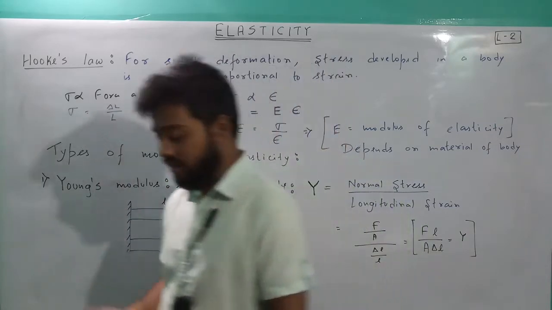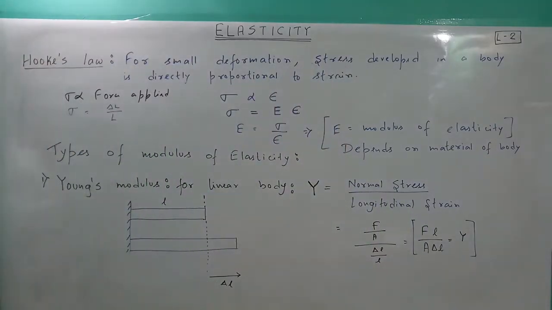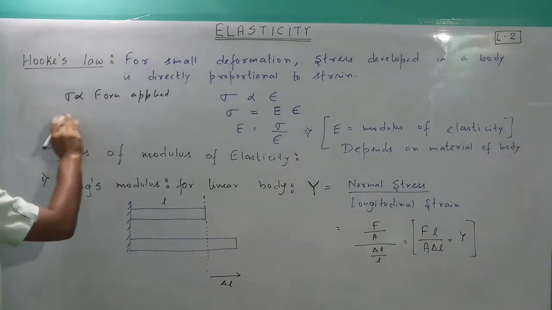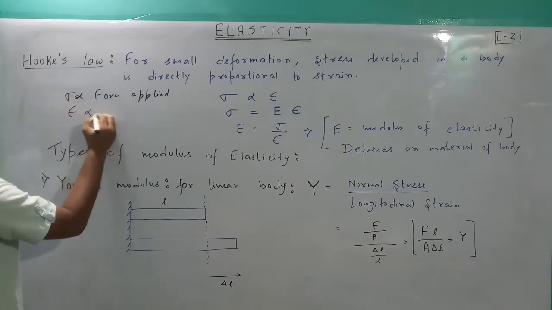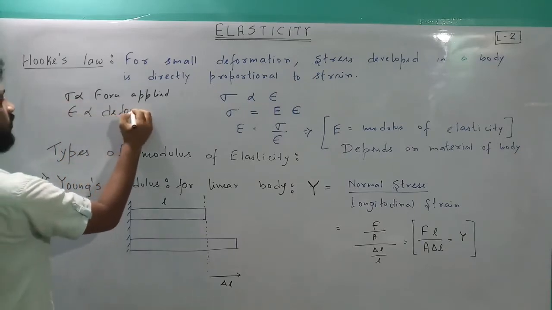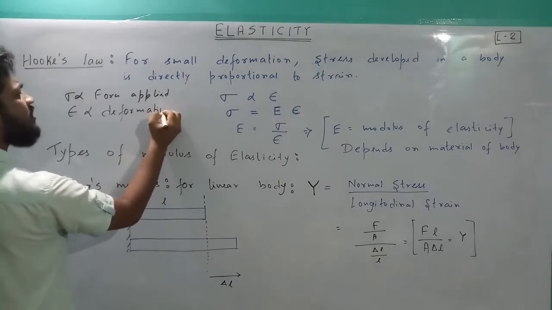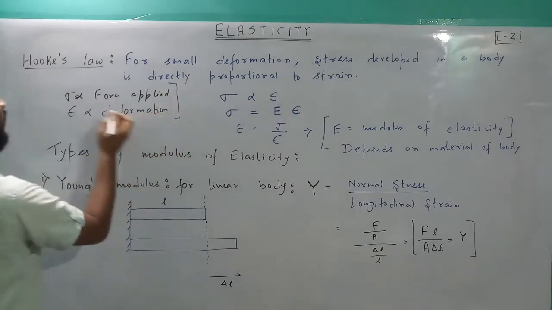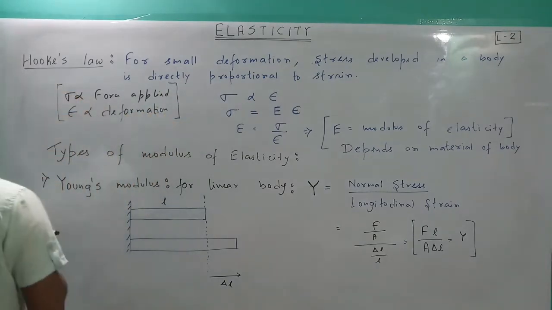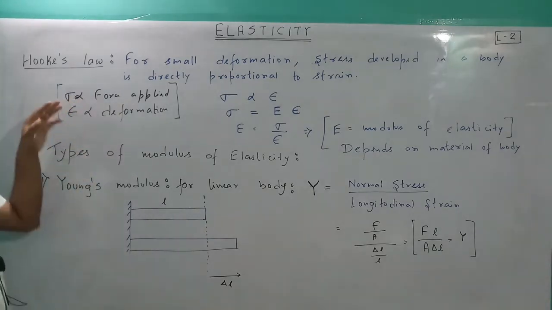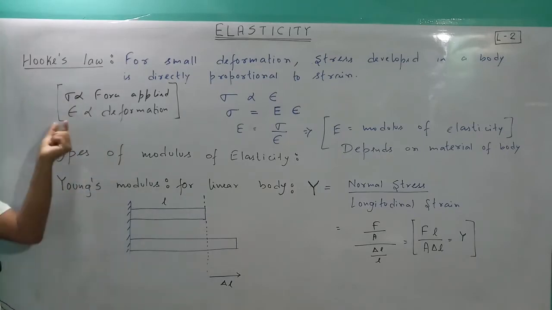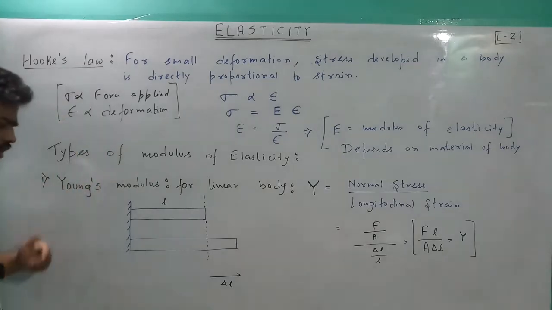So higher the deformation, higher the strain. Sorry, I had written stress here. So strain is proportional to deformation. Just keep these two things in mind, and it will be very easy for you to understand the topics from here. Stress is proportional to how much force you are applying, and strain is how much deformation it is producing.